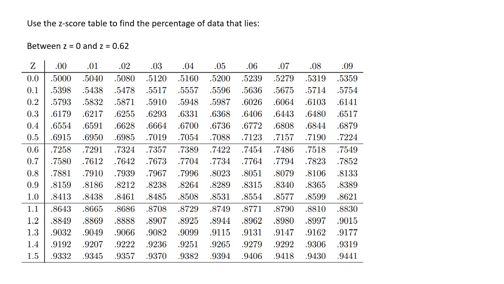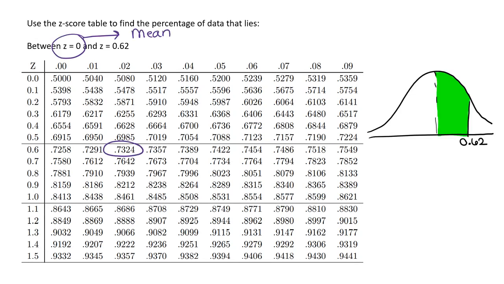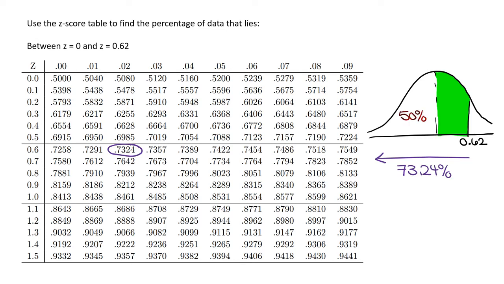What if we want to know the percentage of data that lies between z equals 0 and z equals 0.62? So z equals 0 is my mean. We saw earlier that when we looked up that 0.62, we got the 0.7324 number that I have circled in my z-score table. So that meant 73.24% of the data lies below that 0.62.